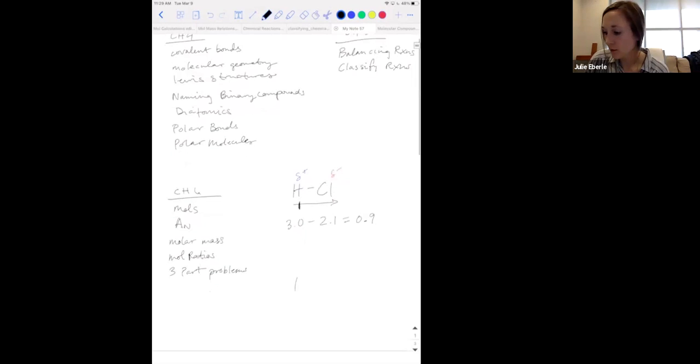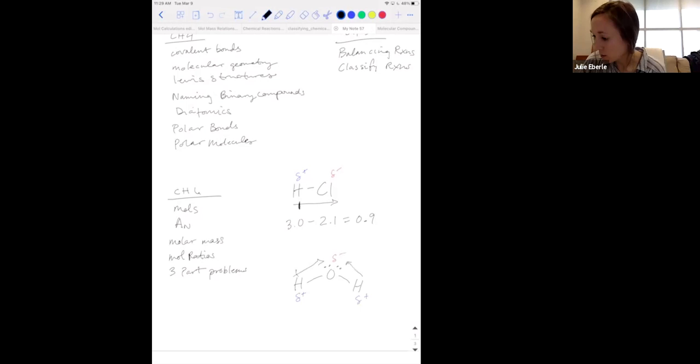Water is another example. Okay, oxygen is the more electronegative element. I'm not going to take the time to do the electronegativity difference, but when you do, you find oxygen is the more electronegative element. Hydrogens are the partial positives. You can draw two dipoles in here because you'd have two bonds. You could draw a dipole in for every bond that's polar. So I'm going to draw it pointing towards the oxygen.